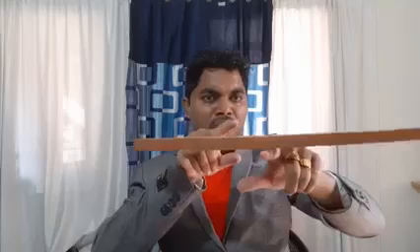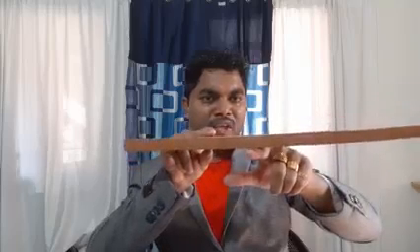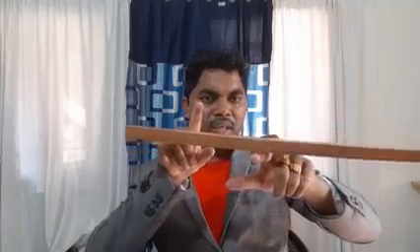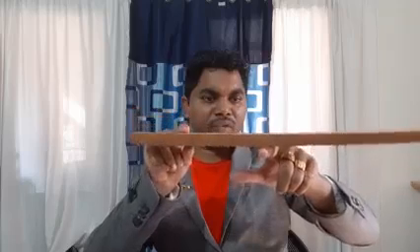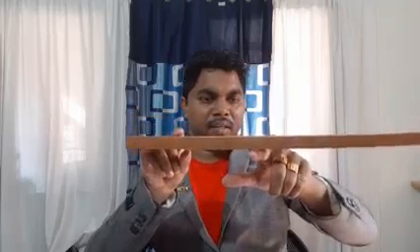But the moment I shift this force away from the center of mass, what will happen? It will start rotating. That's why I'll apply some force here. There is a variable mass here, that is why it is not moving this way.